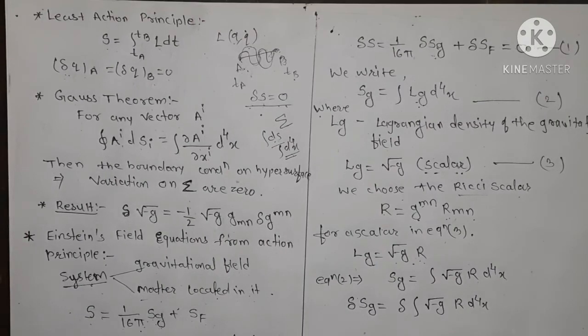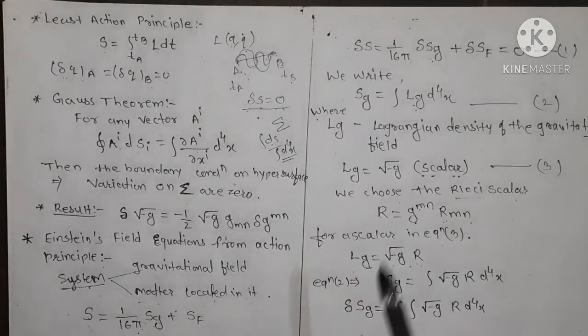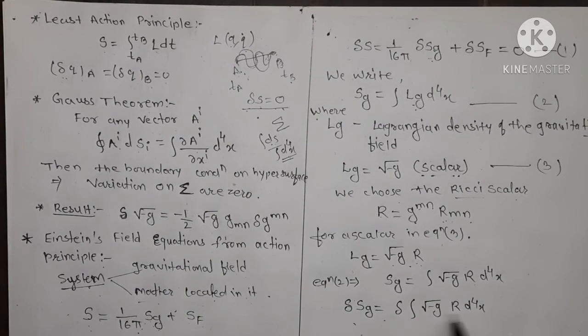Now since we are saying here that delta S is equal to 0 but not the delta of Sg, we calculate this integral.